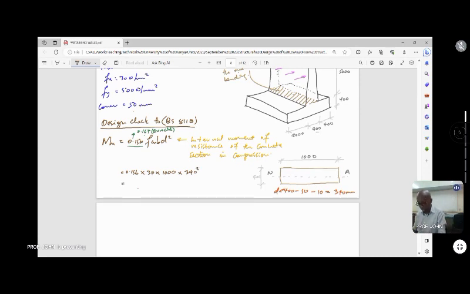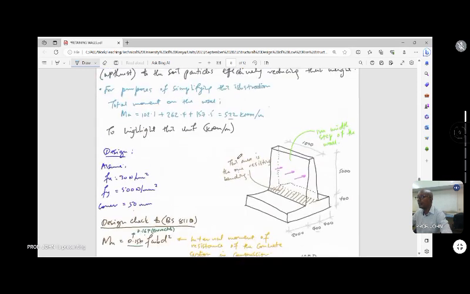You can be checking this number also from your calculators. So this gives us 541.0 kilonewton meters per meter. Is it greater or lower?